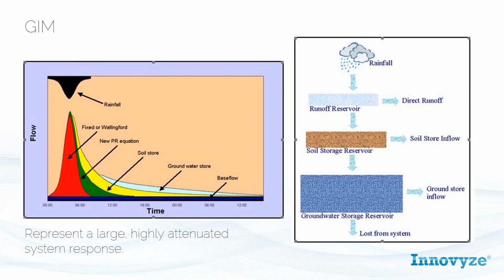But as you can see, looking at the yellow sliver there, it does contribute to the fast response and peak of the event and volume. So if you're getting infiltration into your sewer from the soil store, it can happen quite quickly. And the InfoWorks GIM is a really useful tool for estimating what that is.